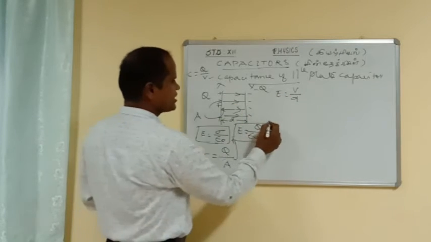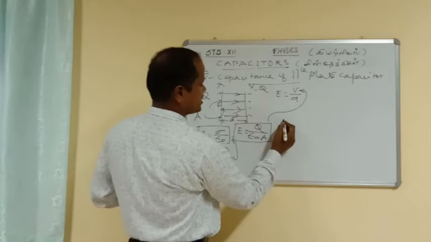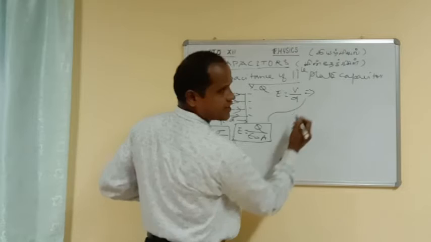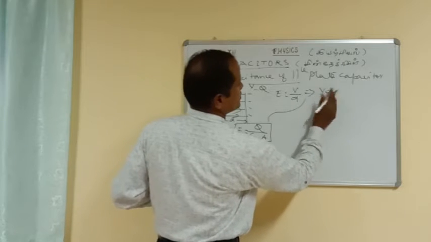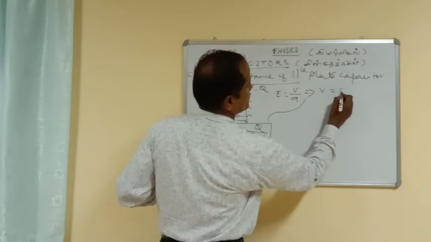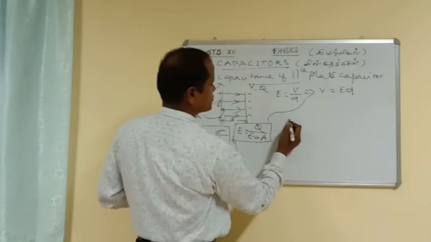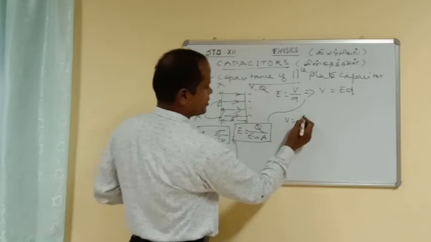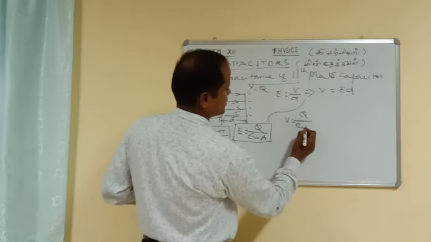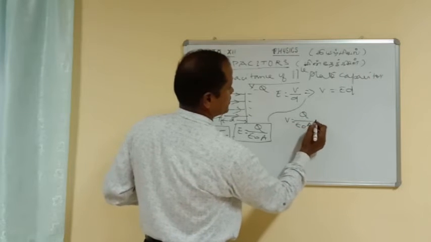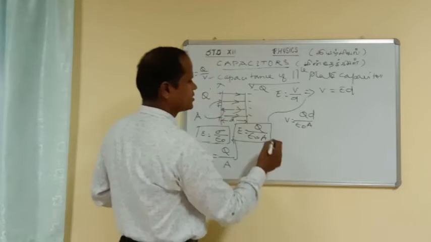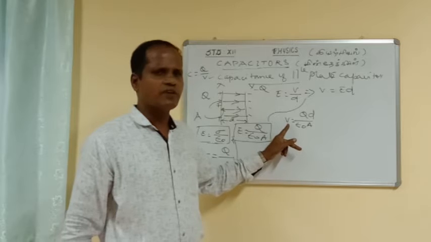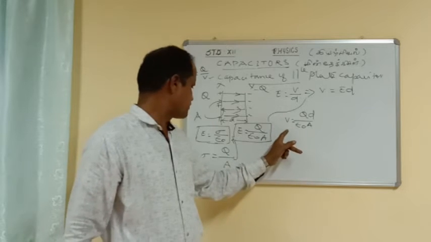Now, V is equal to E into d. Substitute the E value, Q by epsilon naught A, into d. This is your V value.